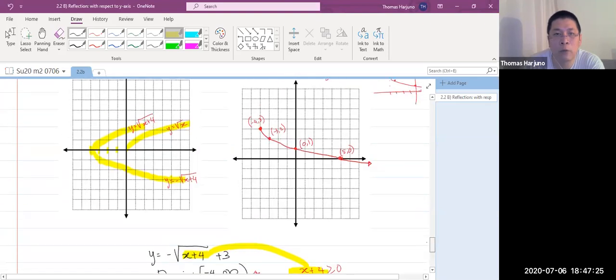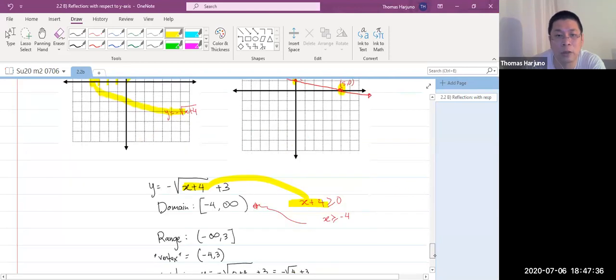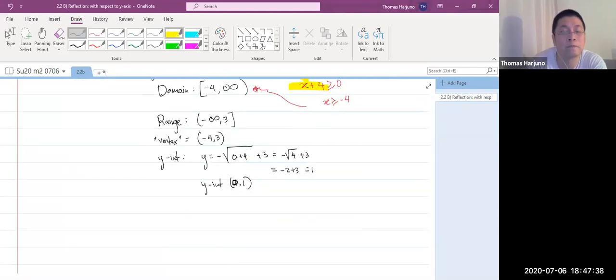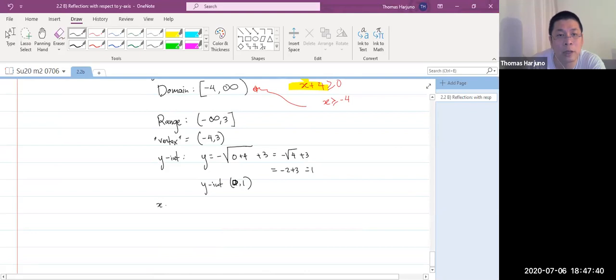And I believe we can confirm it here. This is the y-intercept here. Later on, when we do our algebra, you will find the x-intercept is supposed to be 5, 0. Let's confirm that. For the x-intercept, 0 equals negative square root of x plus 4, plus 3.